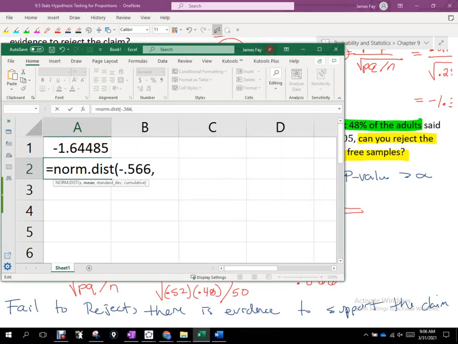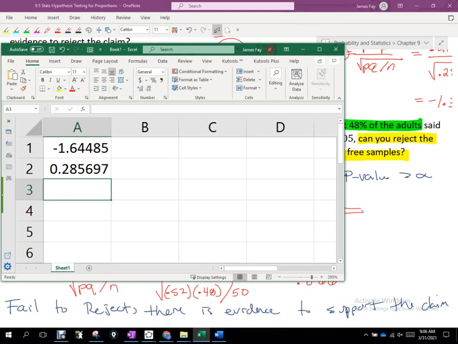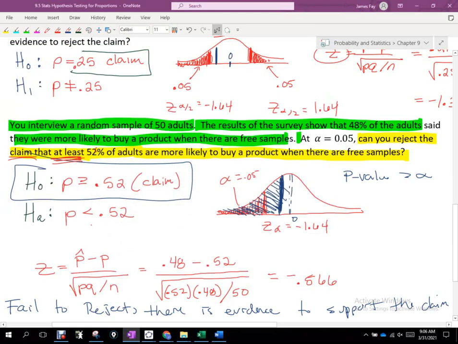Mean, 0. Standard deviation, 1. Cumulative, type in true. It gives me that number right there, 0.285. So we're saying that this blue area is 0.285. Alpha was 0.05. So we're seeing that that p-value of 0.285 is greater than 0.05. So again, we would fail to reject.